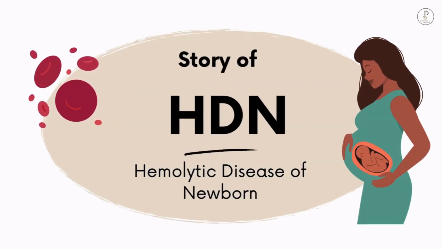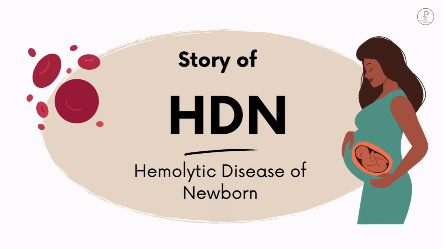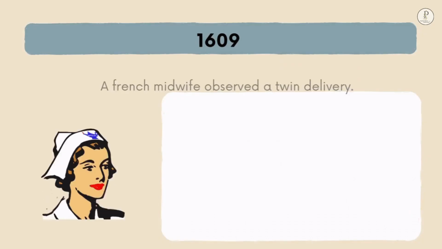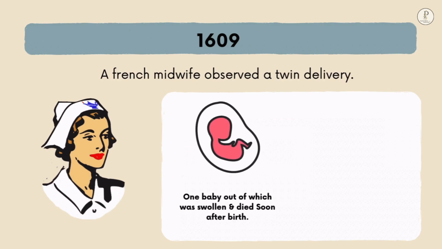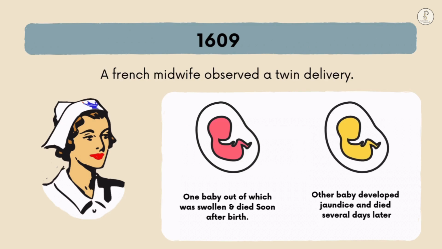Here goes the story of HDN. In the year 1609, a French midwife observed a twin delivery, where one baby was swollen and died soon after birth. The other baby developed jaundice and died several days later.